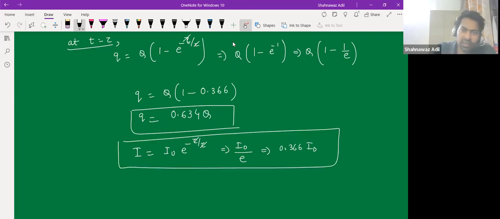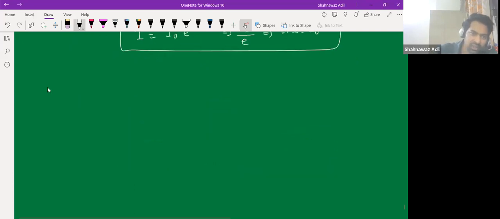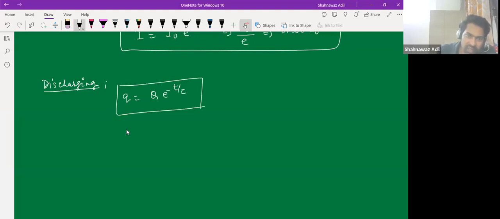And then the case of discharge, right? So for the case of discharging, Q would be simply Q naught e to the power minus t by tau. This is discharging, and current would be dQ by dt, so minus Q naught by RC, e to the power minus t by tau.